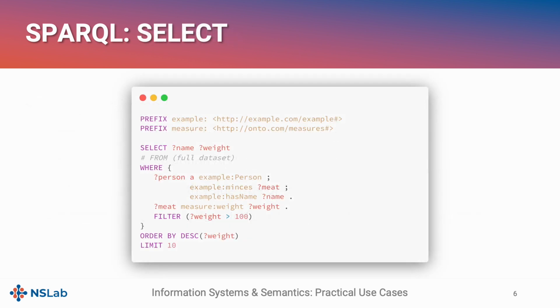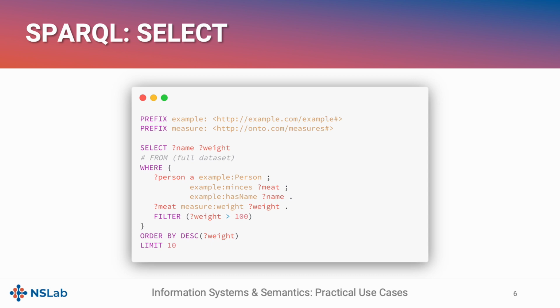So first, the select one. We have here again the example with a person that minces meat. And here you can see that we again need some prefixes. That's something that we know from the RDF formats. And then we are selecting something. Here you can see the similarity with SQL.